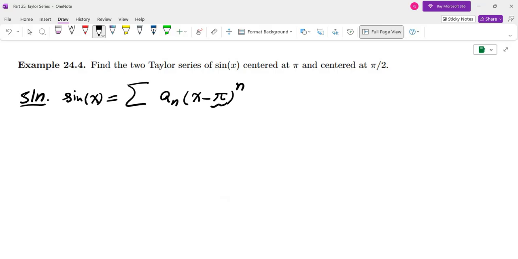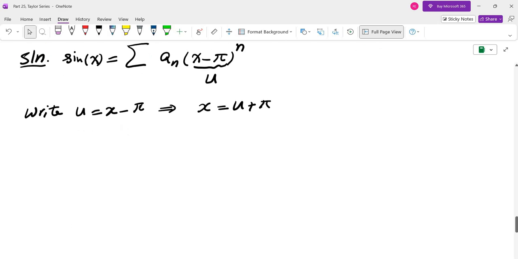So we're going to call this u. We write u as x minus pi, so x is going to be u plus pi, and we're going to evaluate sine of x in terms of u. That would be sine of u plus pi.